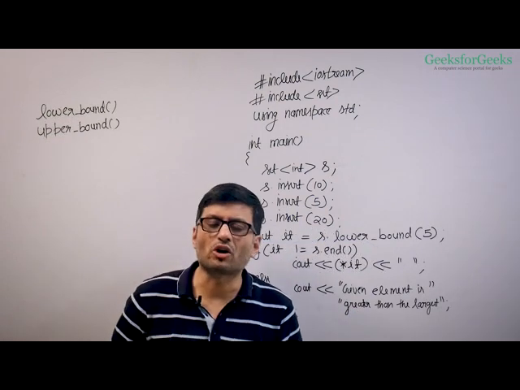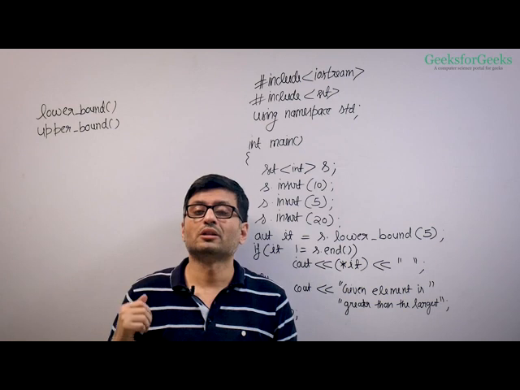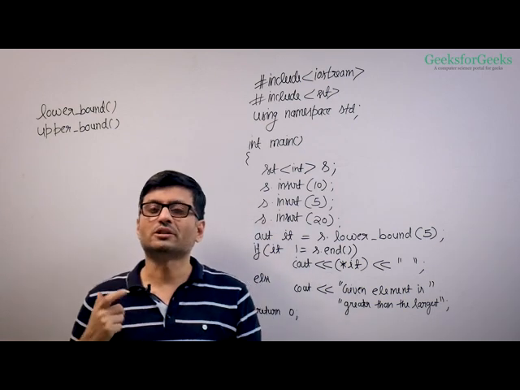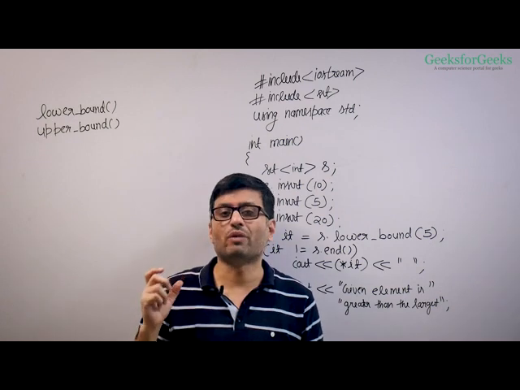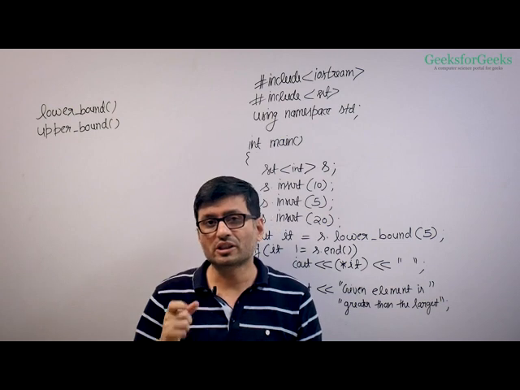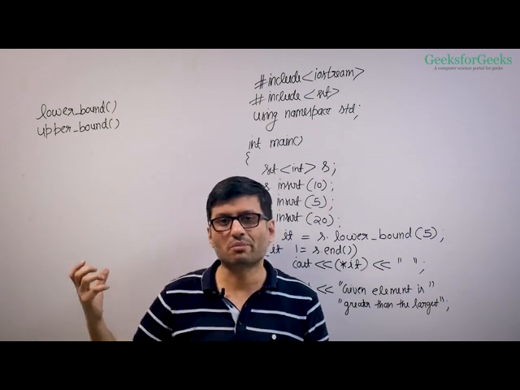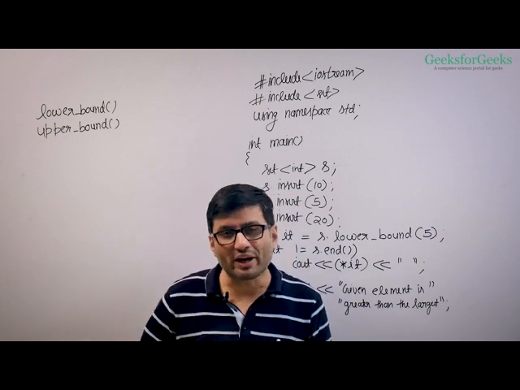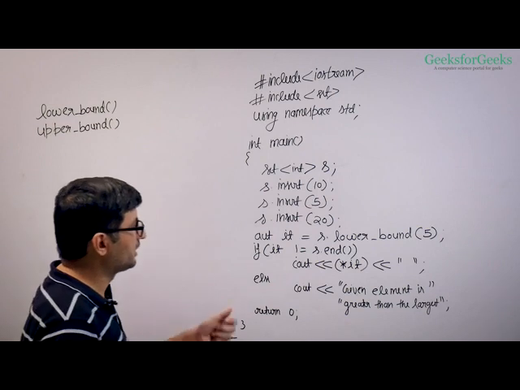Let us now talk about the lower bound function on set. This lower bound function is similar to the lower bound that we called for vectors or arrays. The difference here is that this is a member of the set. There we were using lower bound and passing vectors or arrays as parameters. Here it's a member of the set class.